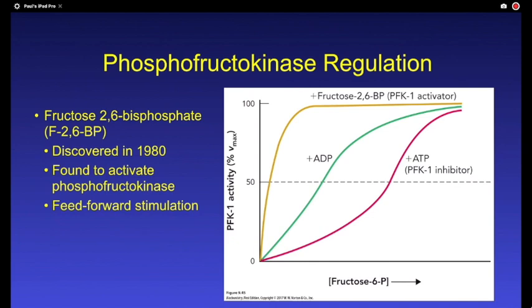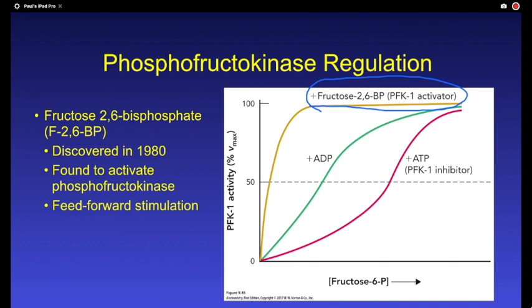What we didn't know and only discovered in 1980, which is not too long ago, especially since most of the things that we learn about are found in the 30s and 40s, is this particular molecule, something called fructose 2,6-bisphosphate, which is an activator. And it is the most powerful activator of all of the regulatory molecules, even more than the presence or absence of ATP. Fructose 2,6-bisphosphate kind of sounds just like a glycolytic intermediate, but it isn't. It is only a regulator, okay?